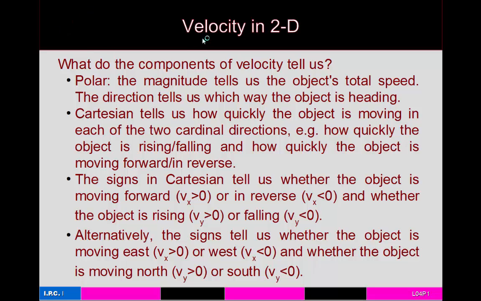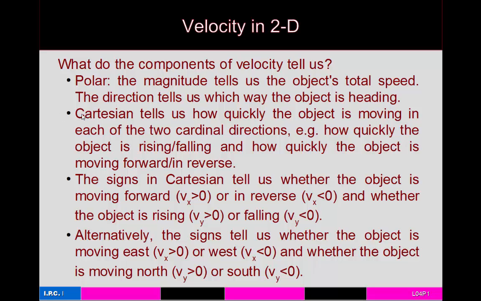So returning from 3D back to 2D, we could ask, what is it that the velocity components are actually trying to tell us? The answer is that in polar, the magnitude is telling us the object's total speed, and then the direction is telling us which way the object is actually heading.